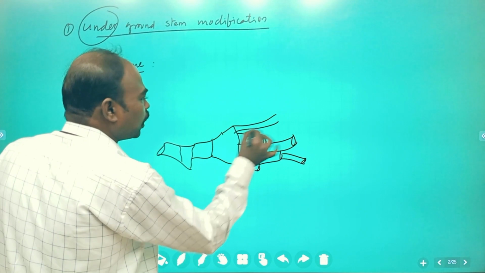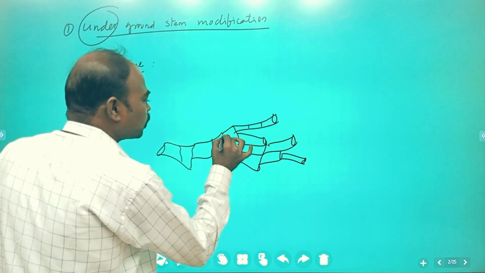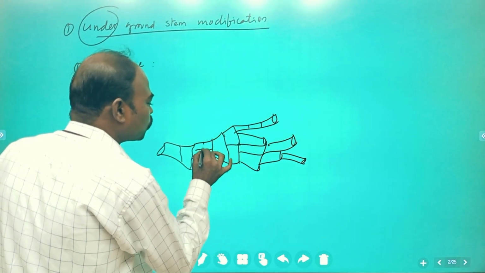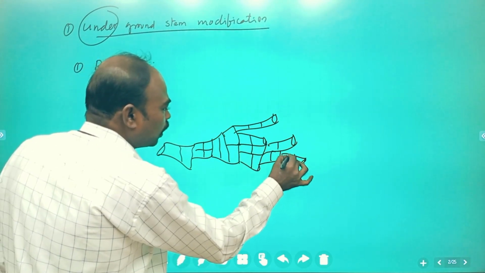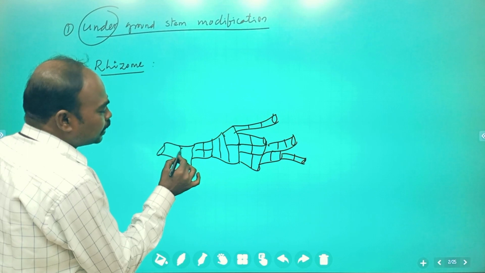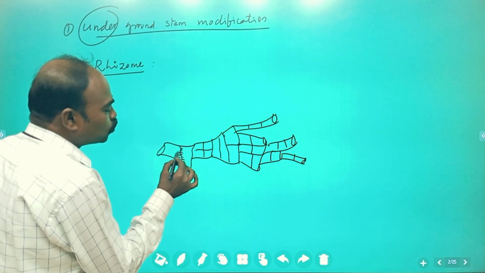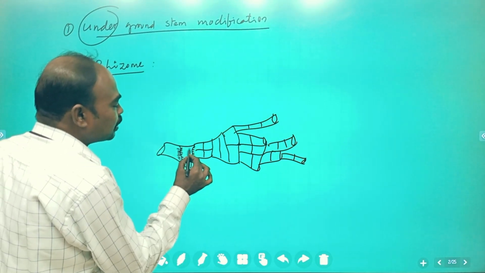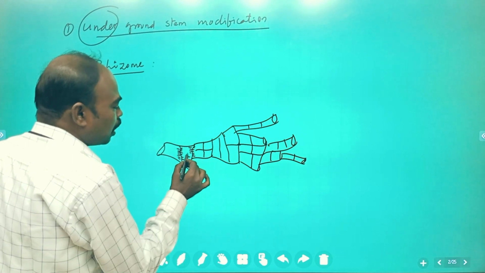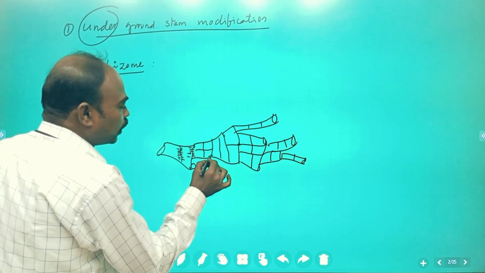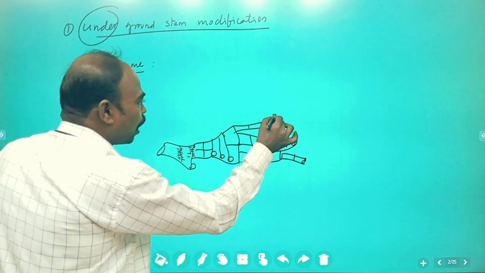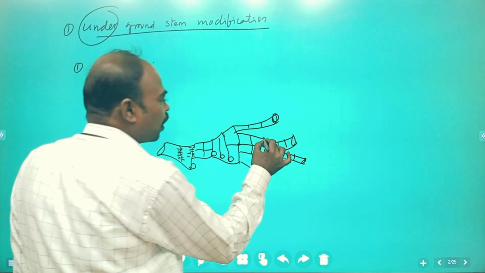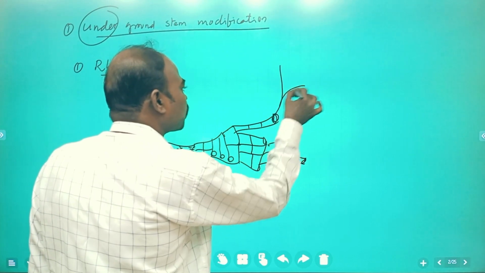In this horizontally growing shoot, they possess nodes and internodes. At every node, brown membranous leaves are developed, which are otherwise called scale leaves, and they also have axillary buds as well as apical buds. From the apical buds, the aerial shoot system is developed.